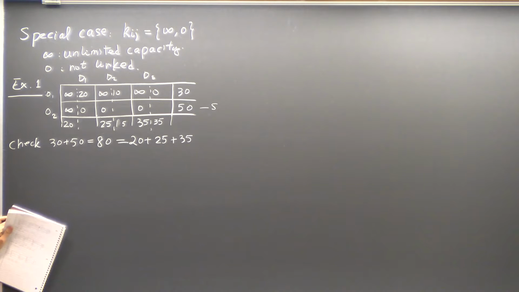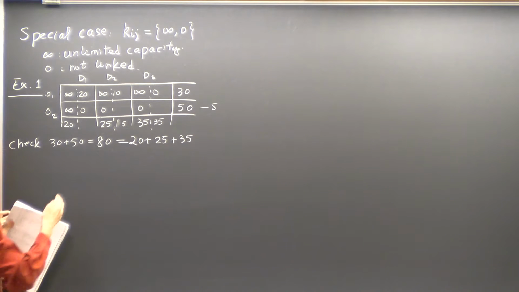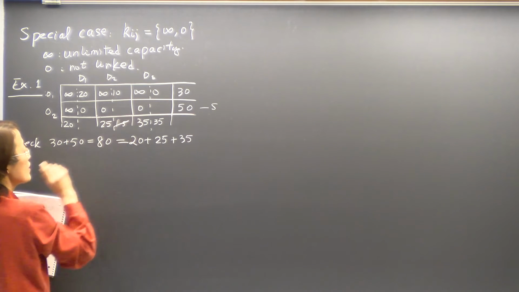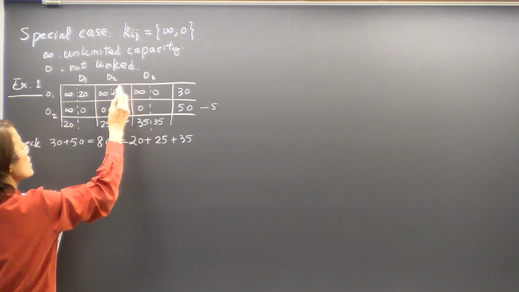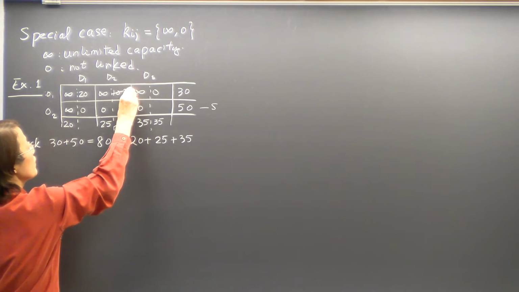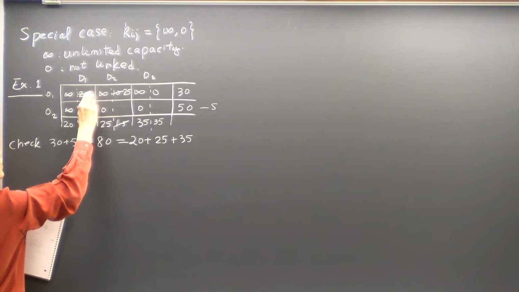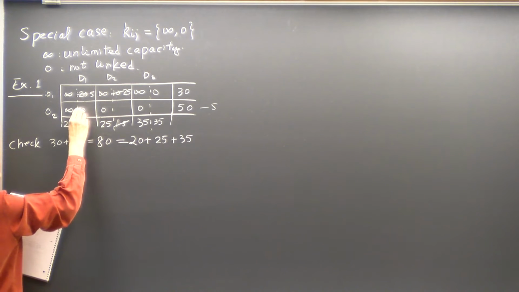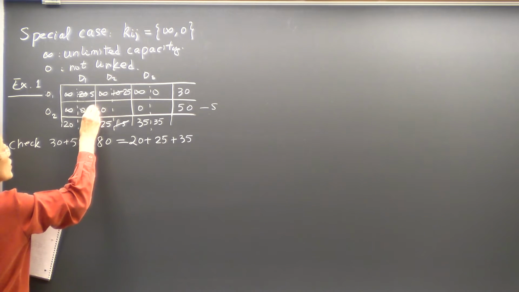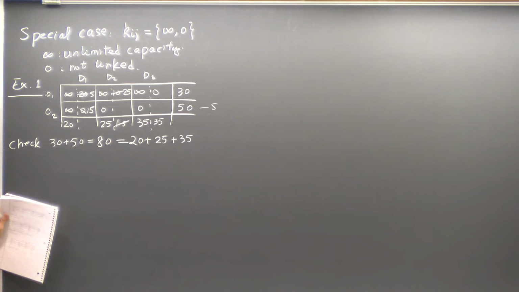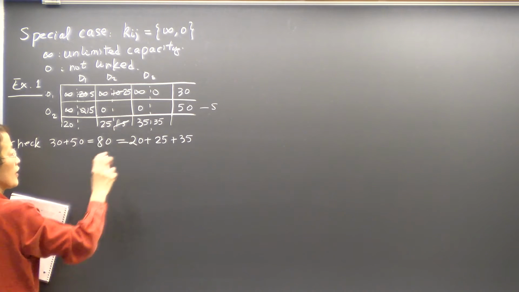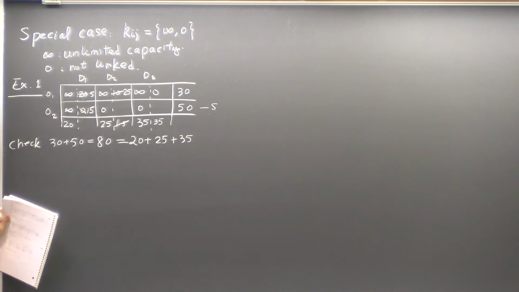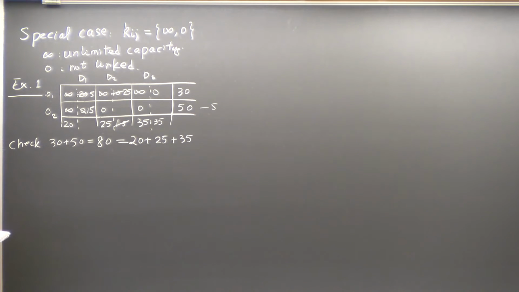Is it clear? Those simple passes you see right away. So I see that I can meet this demand by increase this to 25, by decrease this down to 5, and by shipping 15 units more from O2. So this is that. Now I need to deal with the other one, the column 3.